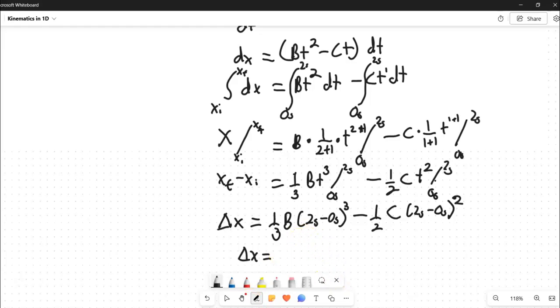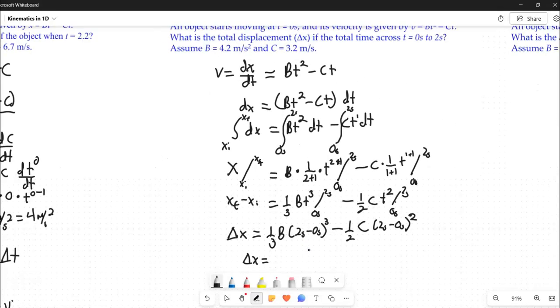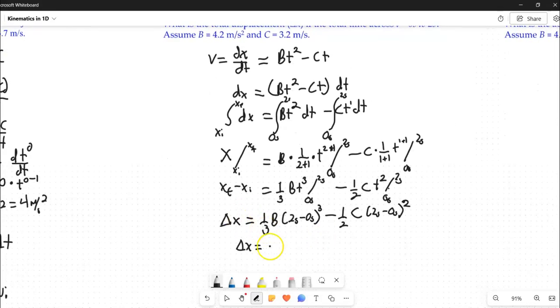So 2 cubed is 8. Now we're going to put in our numbers. This is 1/3 times 4.2 meters per second, and that should be cubed.